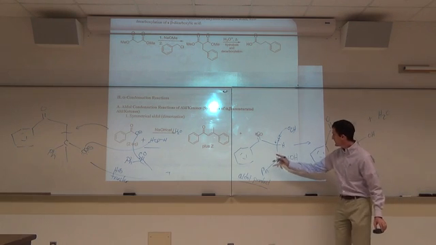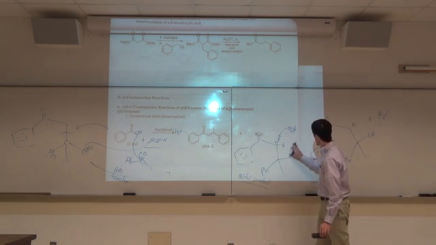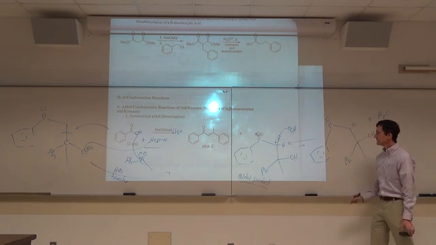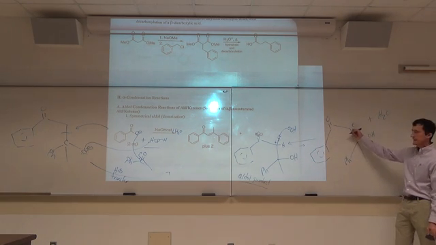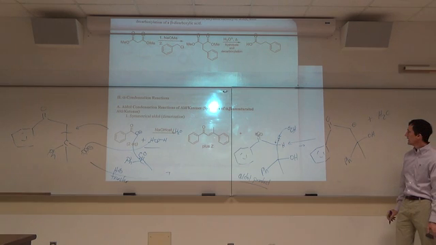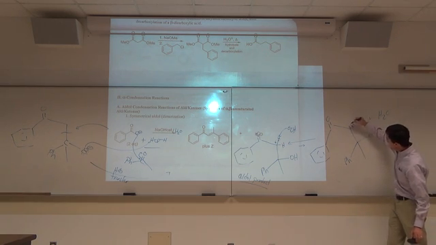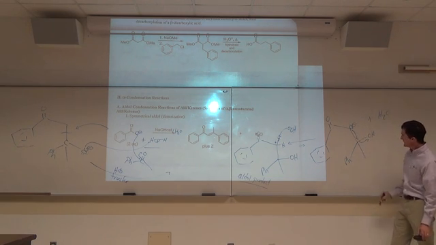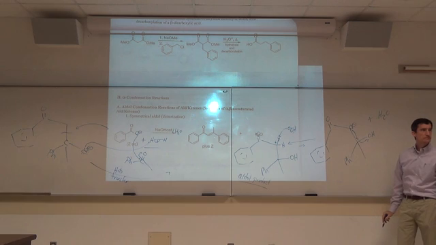Of course, this is favored, so the equilibrium here would look like that, right? It doesn't mean we can't make some enolate. At this point, we have a lone pair. Anytime you can make a pi bond and kick off a leaving group, that's easy to do.